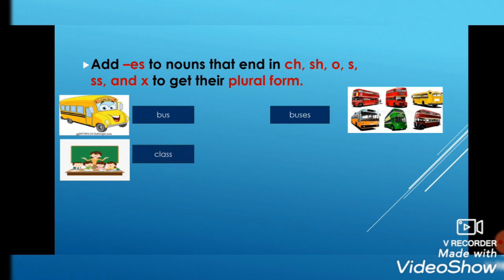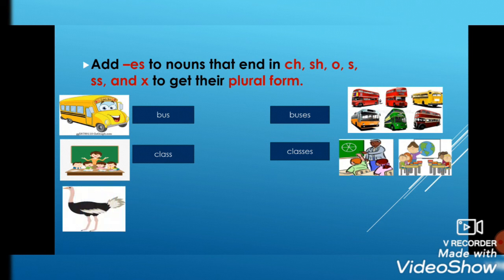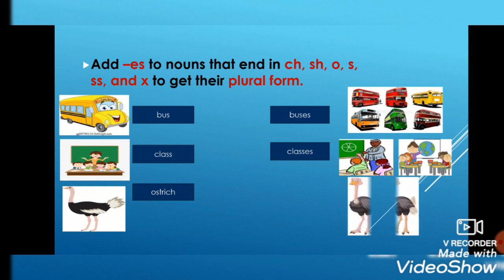To change it into plural, we add es. And we have classes. The third picture is an ostrich. So ostrich is the singular noun. To change it into plural, we add es. Why? Because it ends with ch.